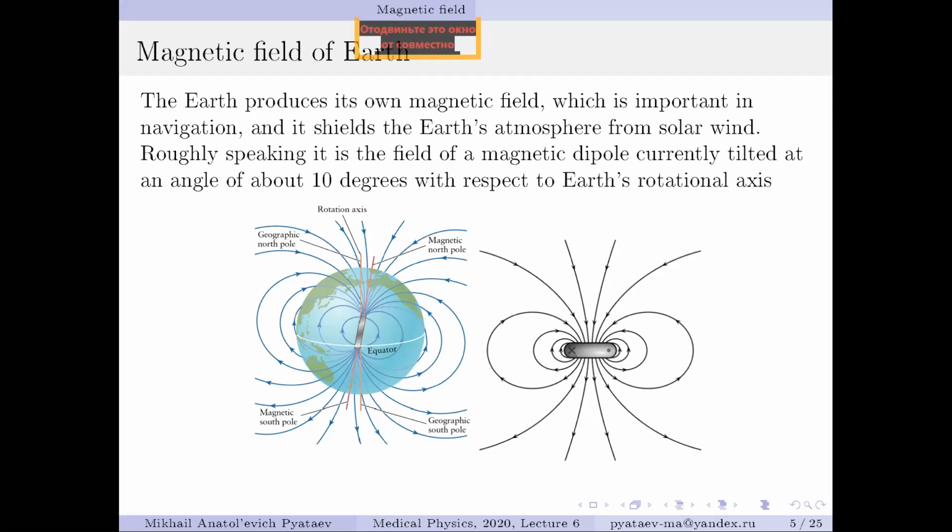And how it works: if a charged particle comes inside the area with magnetic field, it becomes rotating around the vector of magnetic field. So if it has a component of velocity parallel to the magnetic field, this component will be conserved, and it means that the particle will have spiral trajectory.